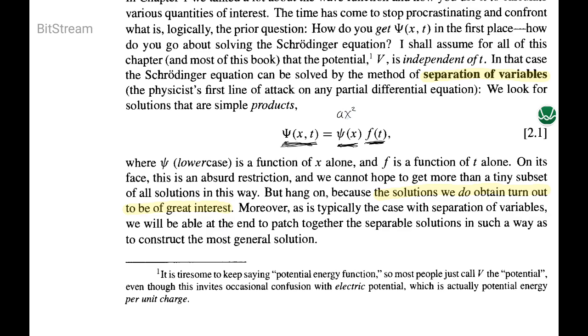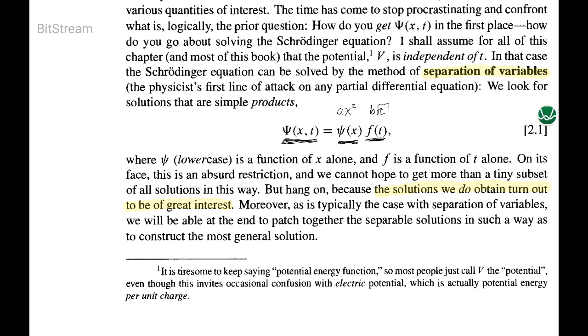It is only depending on x. Our part that's depending on t could be like the square root of t, maybe multiplied by a constant. Whatever the function is, it can be literally anything at this point. All that matters is that there is no dependence on x for f of t and no dependence on t for psi of x.